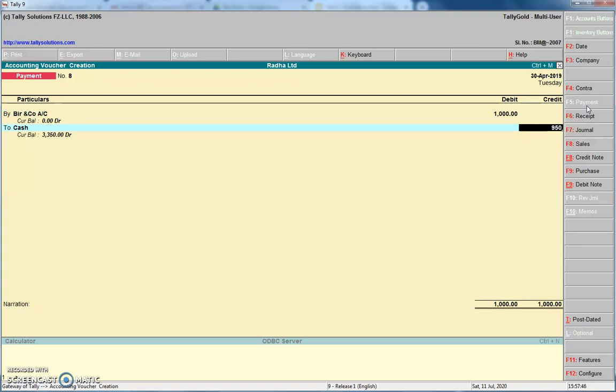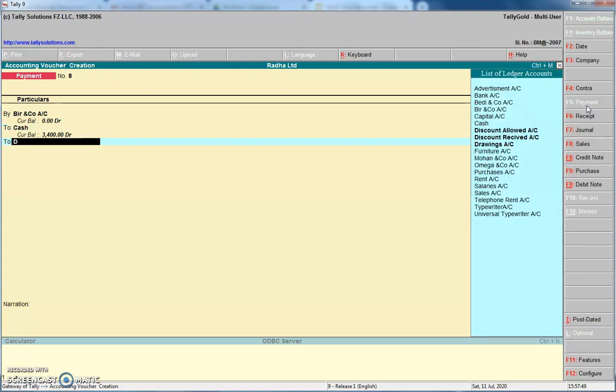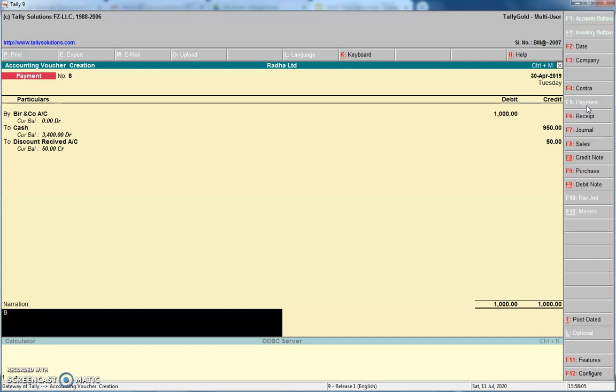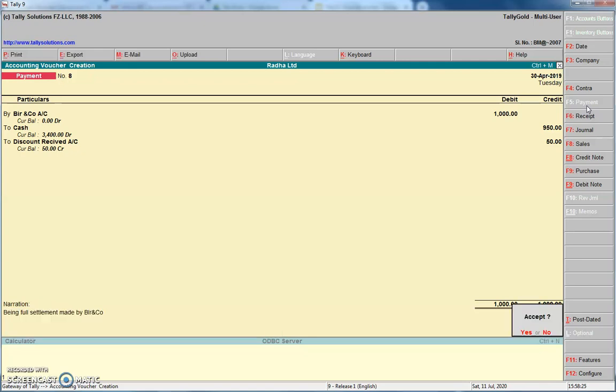Here you have to mention it as 950, and for discount, debit all expenses and losses, credit all incomes and gains is the principle we have to apply here. So discount received 50, being full settlement made by Beer and Co. Give the acceptance.